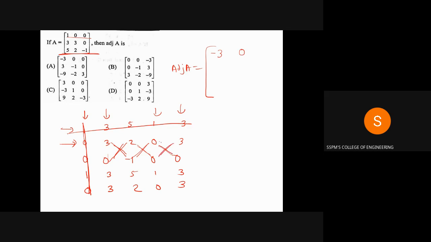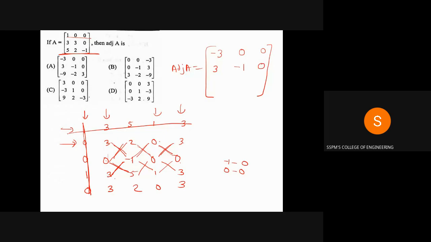Then for this element, 0 into 0 it is 0, minus 1 into 5 into 0 it is 0. So minus 1 into minus 1 minus 0 it is minus 1. Then 0 3 1 0. So 3 into 0 it is 0, minus 0 into 1 it is 0. 0 minus 0 is again 0.